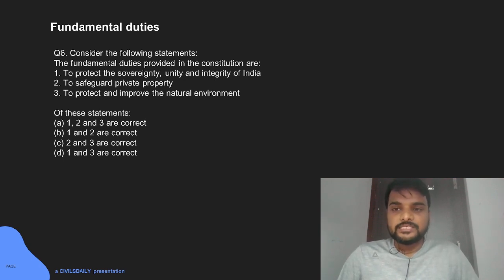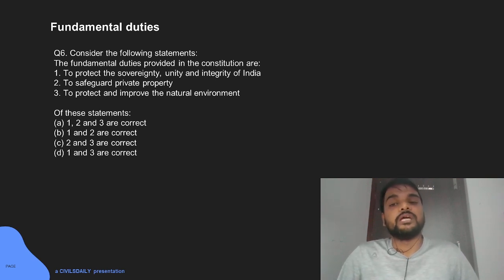Consider the following statements. The fundamental duties provided in the Constitution are to protect the sovereignty, unity and integrity of India, to safeguard private property, and to protect and improve the natural environment. If we go by elimination, we already know that India is a sovereign socialist country, so the word sovereign is used in the Preamble.